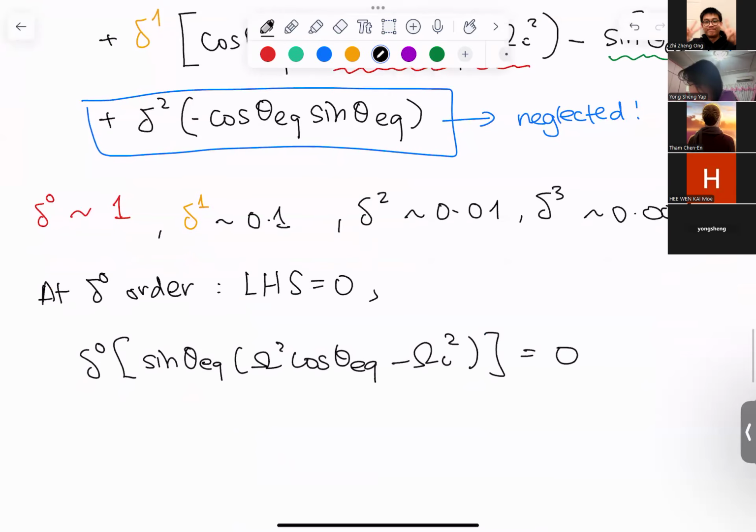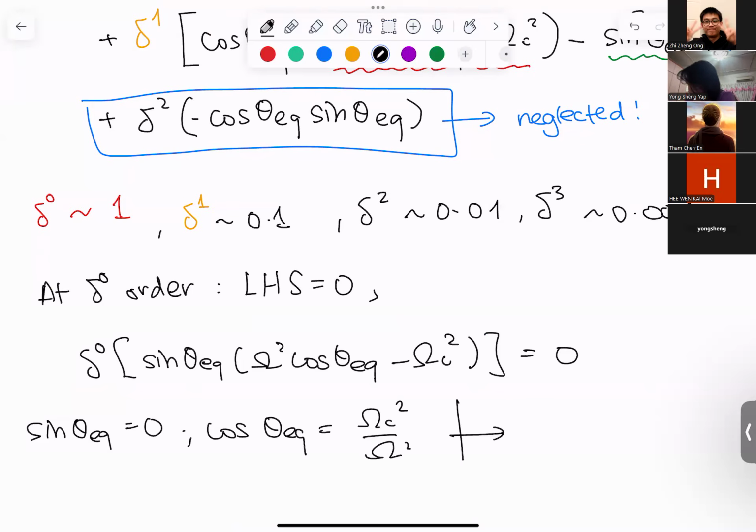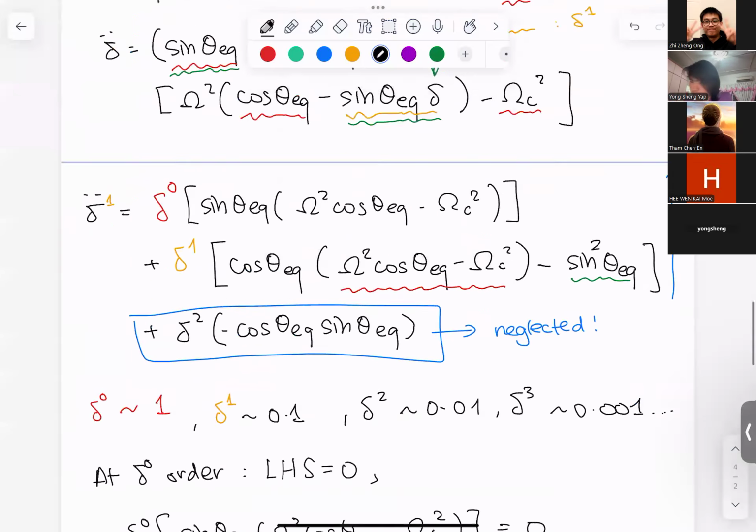What this tells us is that either sine theta eq is zero or cosine theta eq equals omega c squared divided by omega squared, which is just the equilibrium conditions that we had at the very beginning.